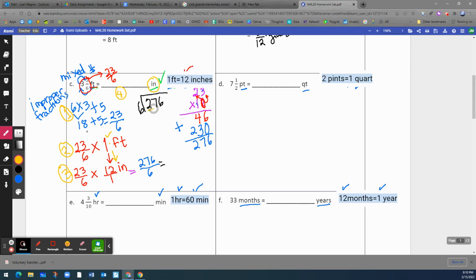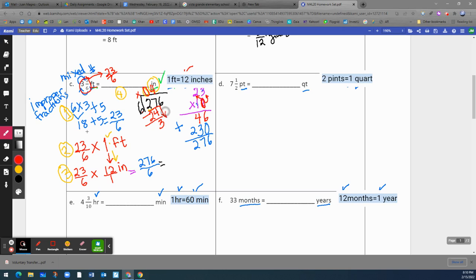Now, how many times does 6 go into the 2? 0 times. How many times does the 6 go into the 27? I know that 6 times 5 equals 30, so it's not 5. I think it's 4. Let's see. 4 times 6 equals 24. The difference between 24 and 27 is 3.